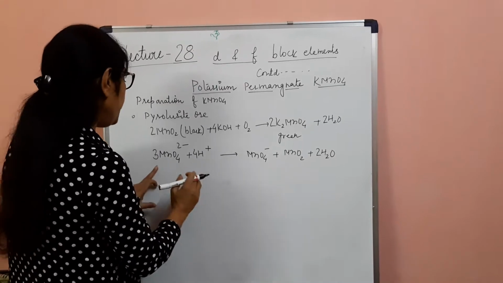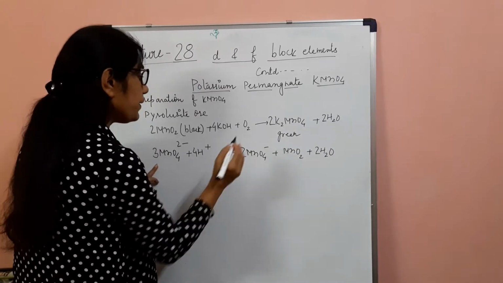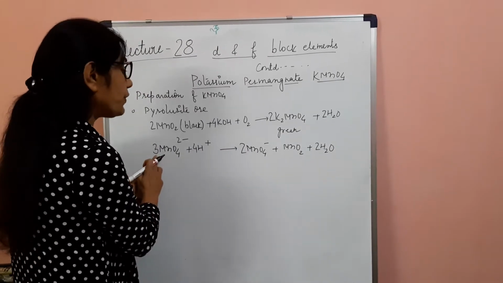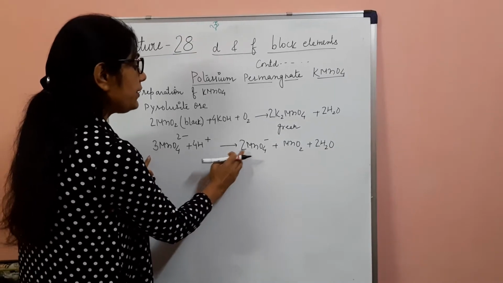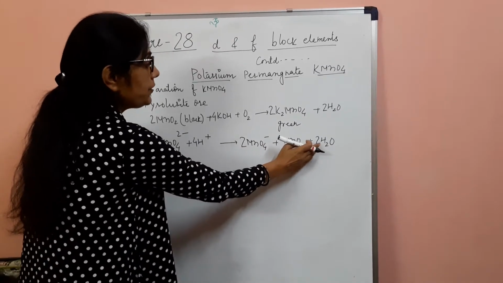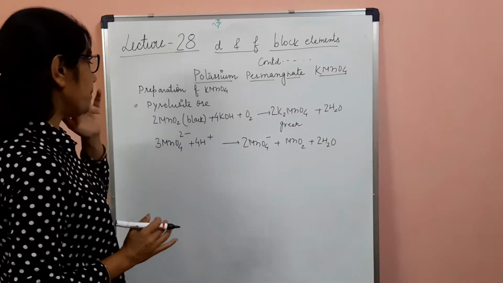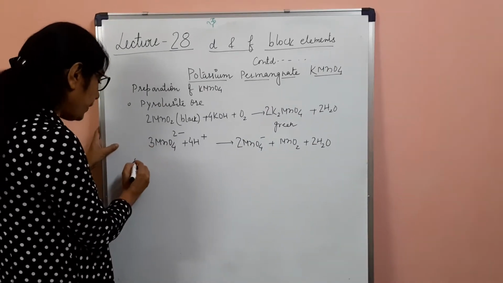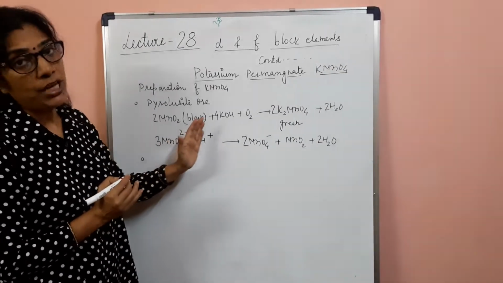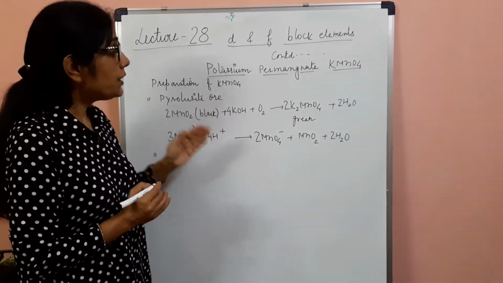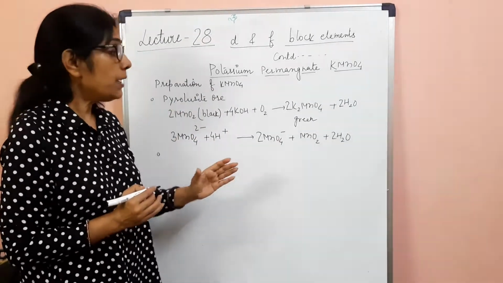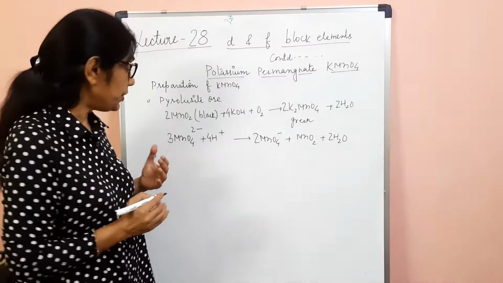Now 3 manganese is there, so 12 oxygen. So 4 into 2 is 8 plus 2 is 10 plus 2 is 12. Reaction is balanced. This is one of the methods of preparation of potassium permanganate. In fact, this is the most important preparation by which it can be manufactured commercially.